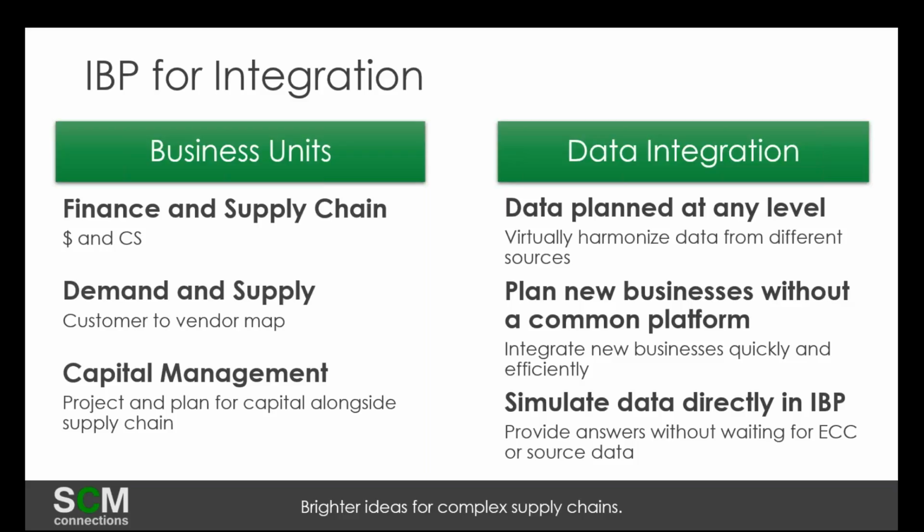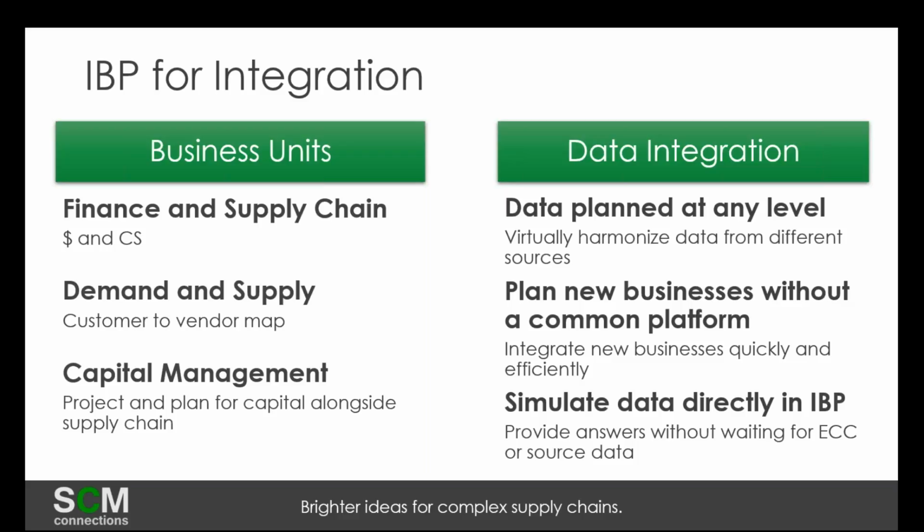So we talked about the integration, maybe the very best part of this tool. You've got finance and supply chain finally able to have this Rosetta Stone of speaking in their own languages, but pulling it all together into a common report or common platform. You've got demand and supply together. You can finally go from customer all the way out to vendor. And then you have the availability of creating these versions, which are whole data copies to do things like capital planning or expansion planning.